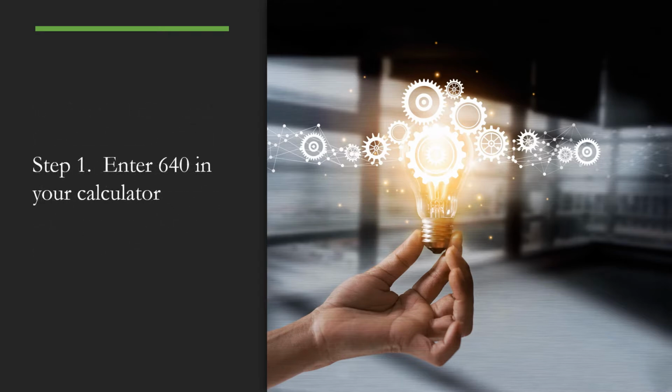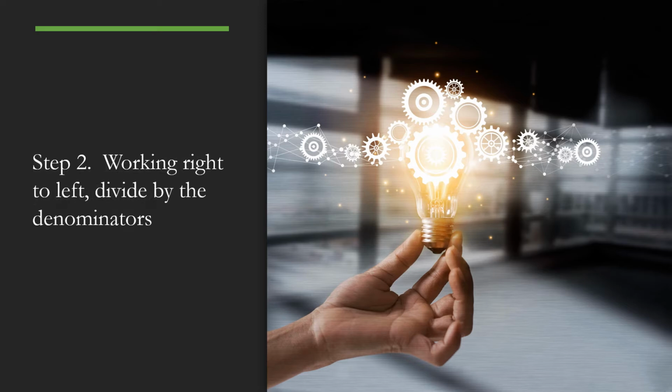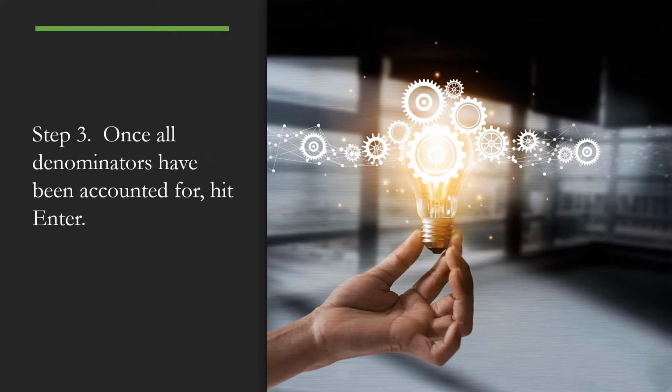Step 1, enter 640 in your calculator. Step 2, working right to left, divide by the denominators. Step 3, once all the denominators have been accounted for, hit enter.